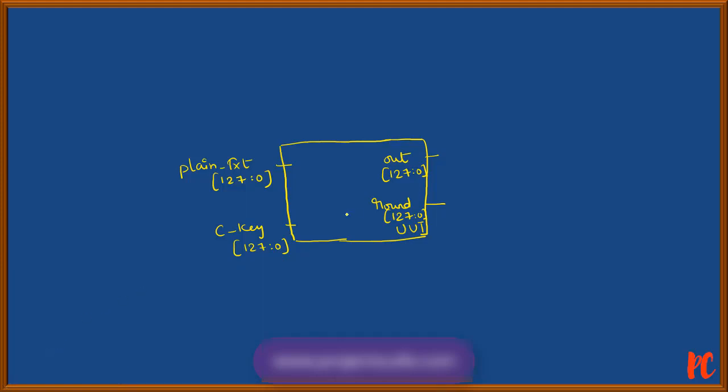If this is my UUT, these input ports and output ports of the design are the ones through which the design interacts with the external world. You can consider them to be surrounding blocks.